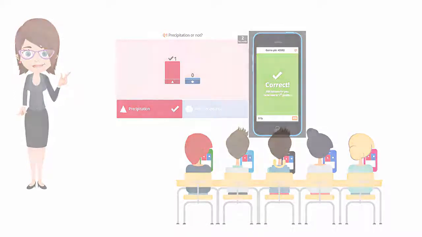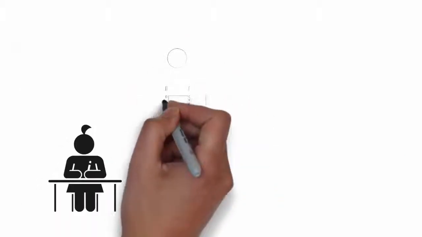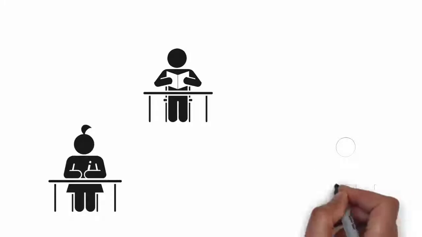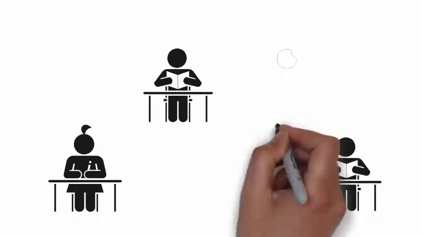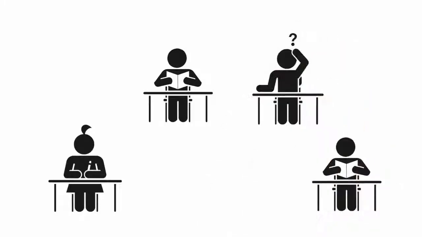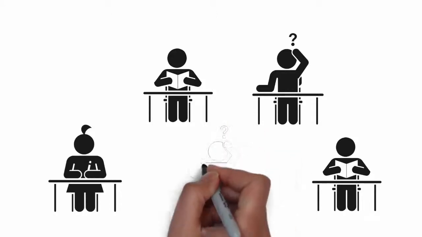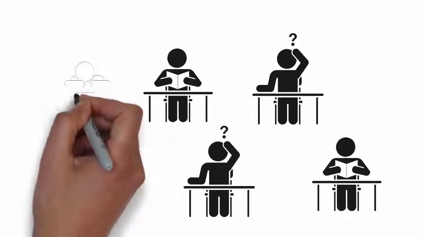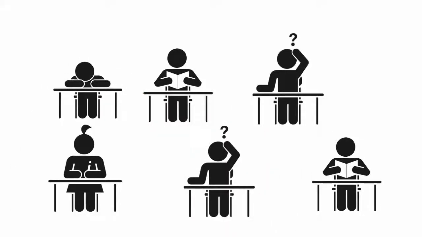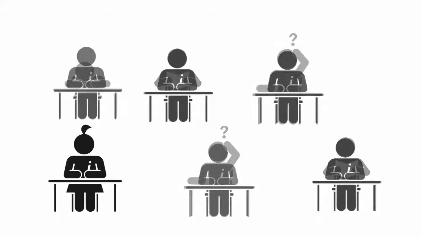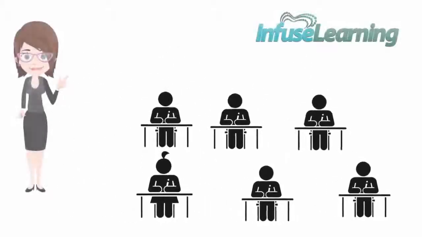Later in the unit, while discussing types of evaporation with her students, Mrs. Smith notices that a few of the students look confused. Instead of calling on those students in front of the class to discover their needs, which could embarrass the students, Mrs. Smith has all the students access her Infuse Learning classroom, and she starts to ask verbal questions to the whole class.